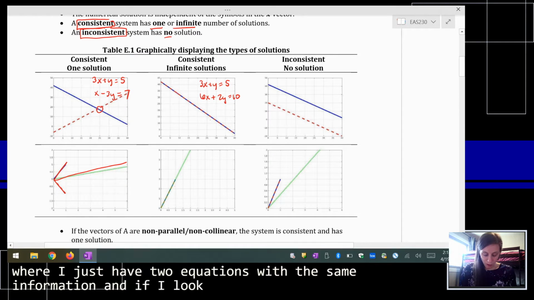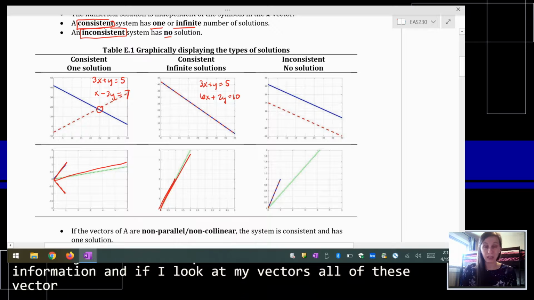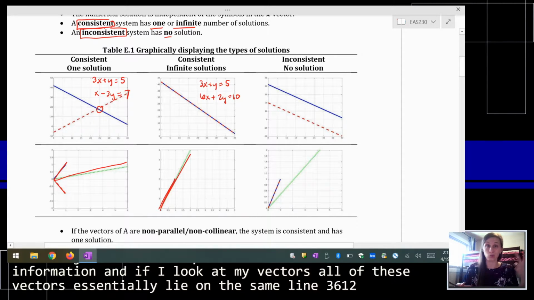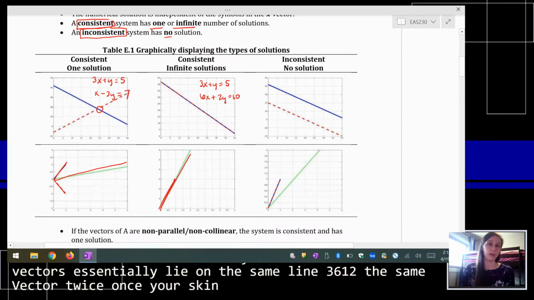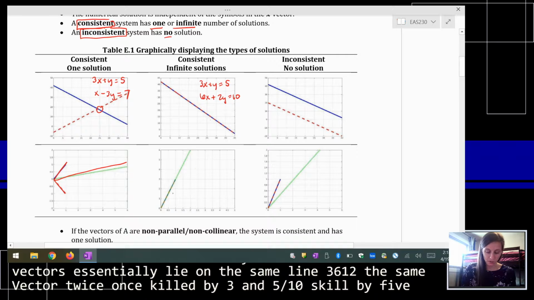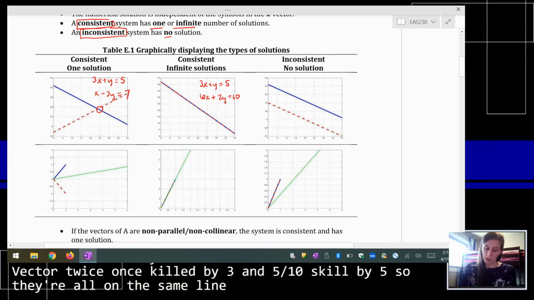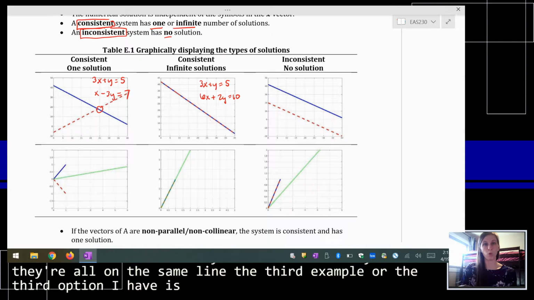And if I look at my vectors, all of these vectors essentially lie on the same line. 3, 6, 1, 2, it's the same vector twice, one's just scaled by 3, and 5, 10, scaled by 5. So they're all on the same line. The third option I have is an inconsistent system with no solution.